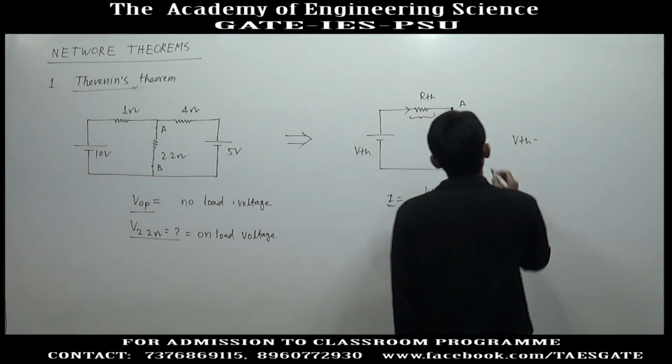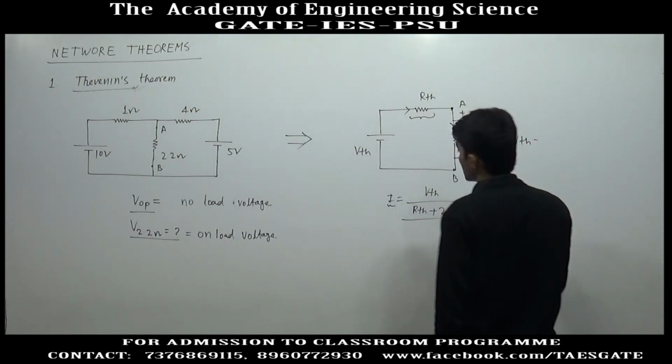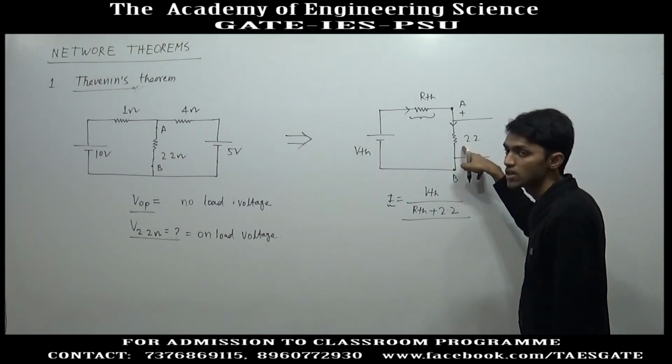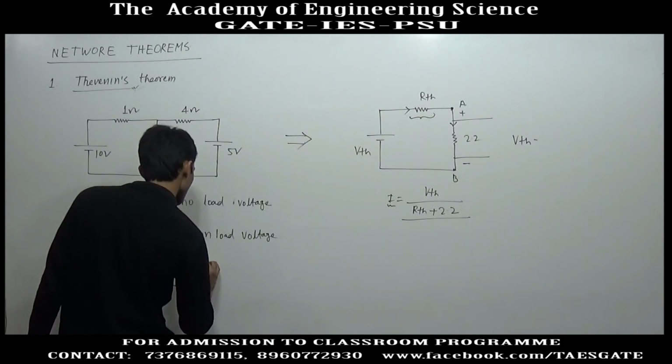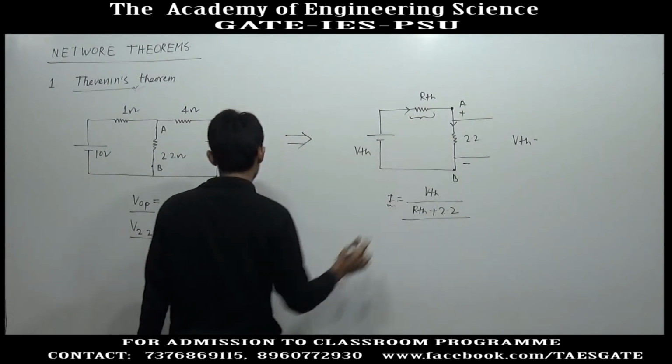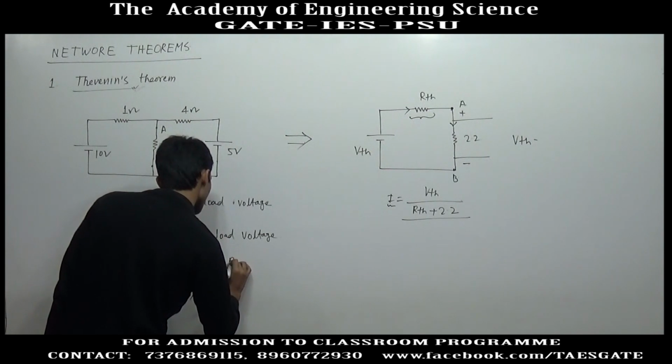So obviously the output voltage now, which is called the on load voltage when a load is connected, will be VTH minus the voltage drop across RTH.